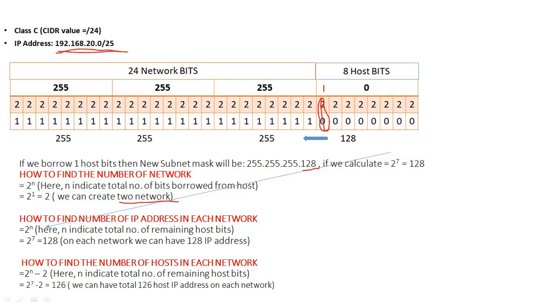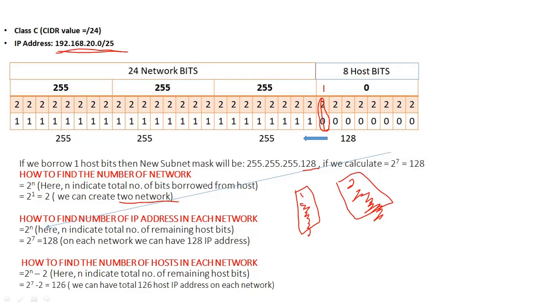So now how to find the number of IP addresses in each network? You already know we can create only 2 networks. So this is network 1 and this is network 2. So how many IP addresses can we create in one network?